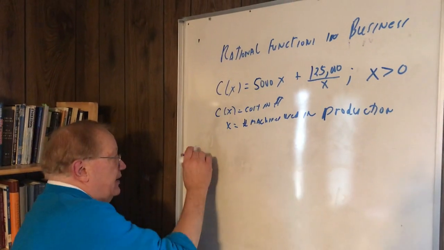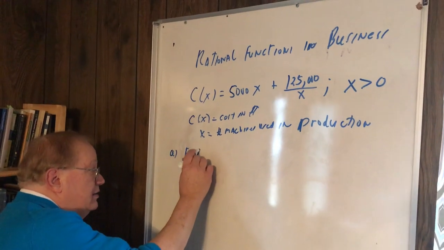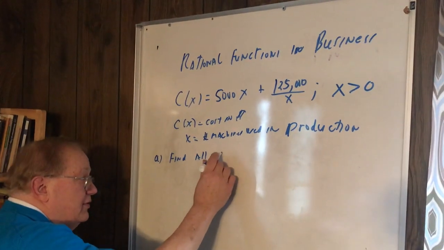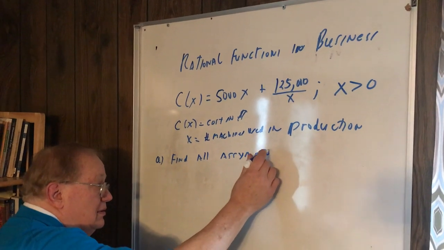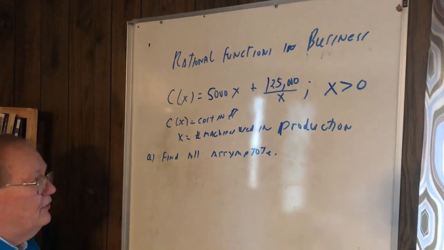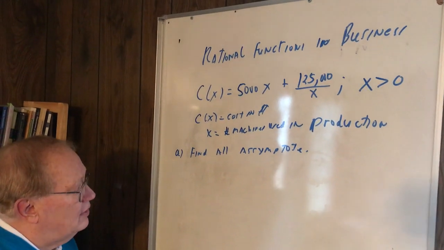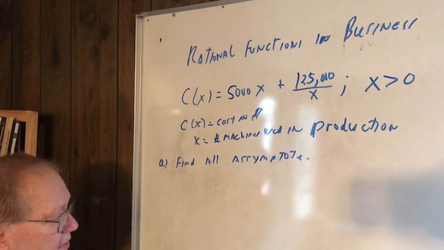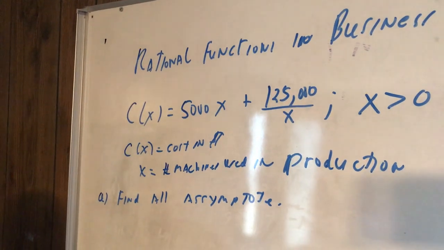So what do we want to find? First thing is find all asymptotes. Now you're saying, wait a minute, Dr. Mirabile, this doesn't look like everything that we had before. I don't have a numerator over a denominator.